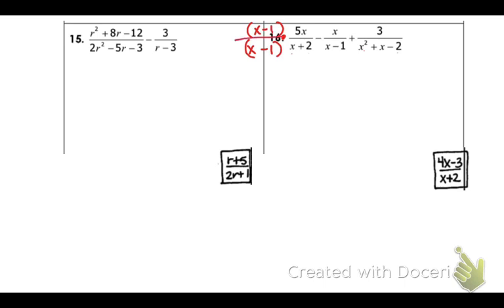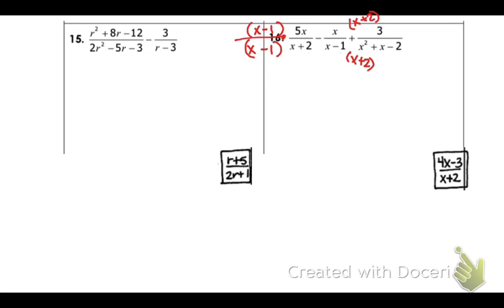Okay, so that's why I'm doing that. Now x minus 1. If I multiply that by x, I get the x squared. If I multiply the negative 1 times a positive 2, that's going to give me my negative 2. Now I don't have to multiply anything for the other one because we already have it.